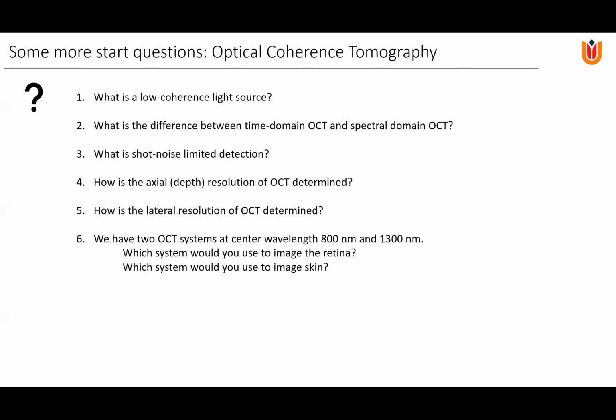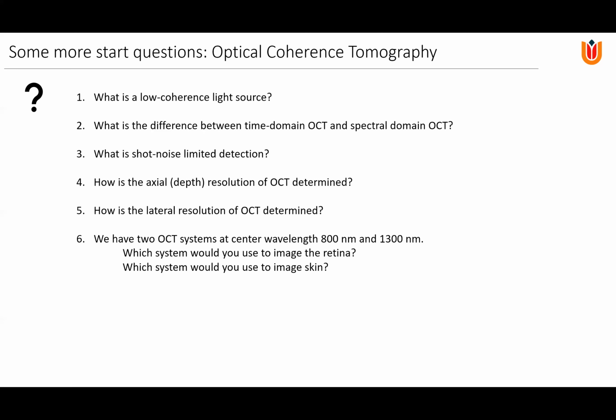Not you, someone else. Wavelength. Yeah, almost. So both lambda zero squared and delta lambda are characteristics of the light source. Okay, so it's the central wavelength. Yeah, exactly. So lambda zero is the central wavelength.